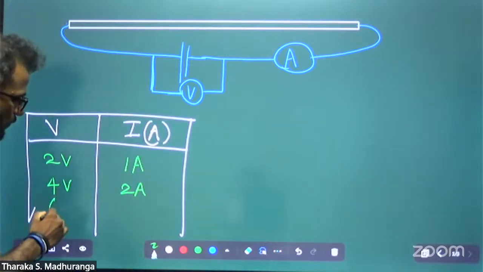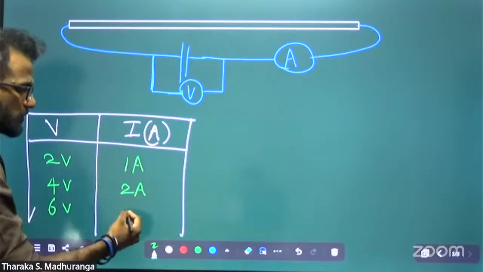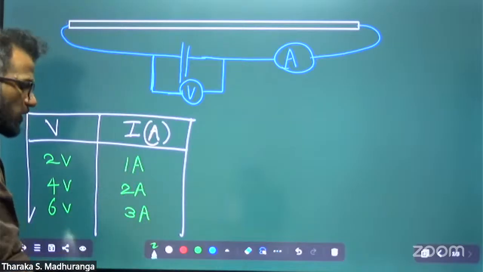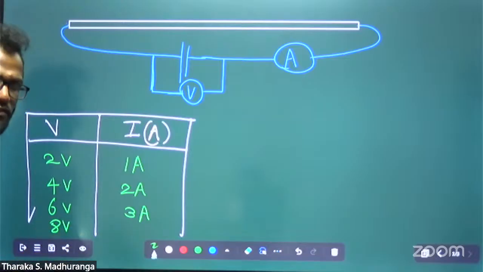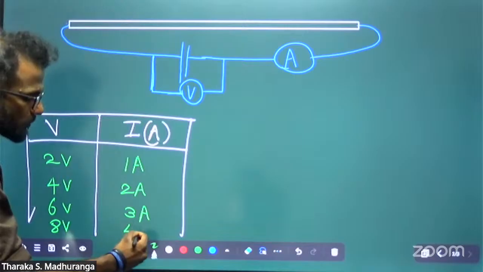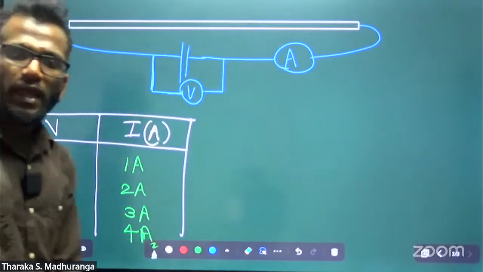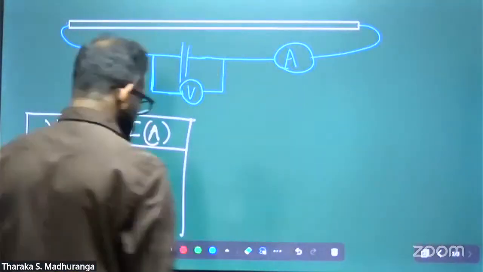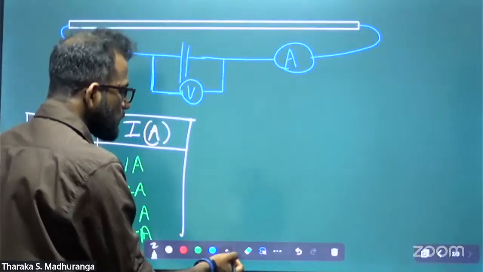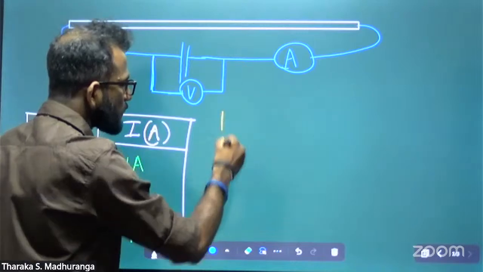If I increase the voltage to 6 volt, the current increases to 3 ampere. If I increase the voltage to 8 volt, the current comes to 4 ampere. That's Ohm's law, the relationship between current and voltage.